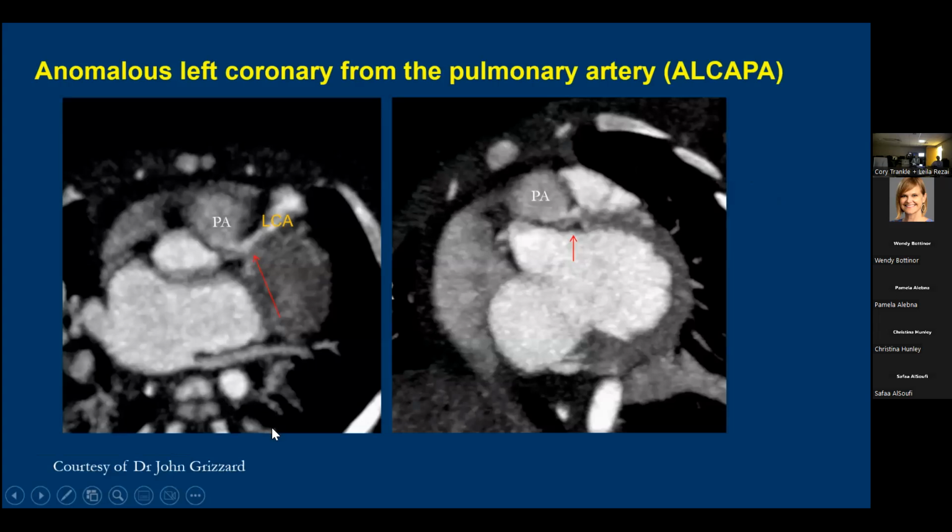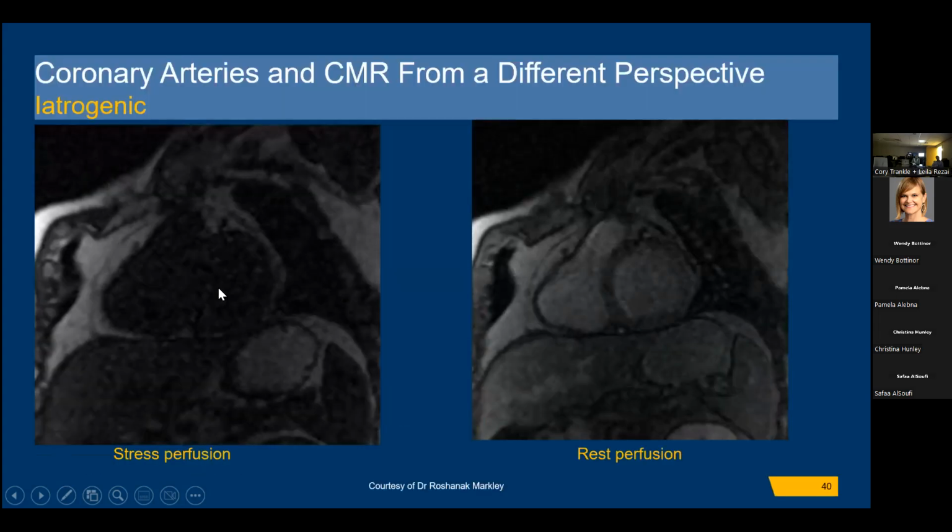I have included, this is a different patient, a CTA which shows a case of ALCAPA. So we have the left coronary basically coming from the main pulmonary artery, and needs to be basically transferred to the aorta.